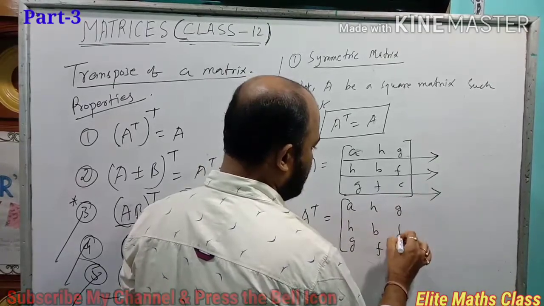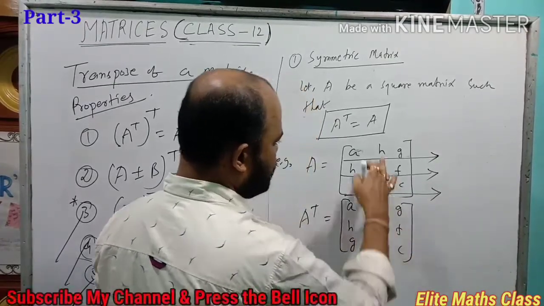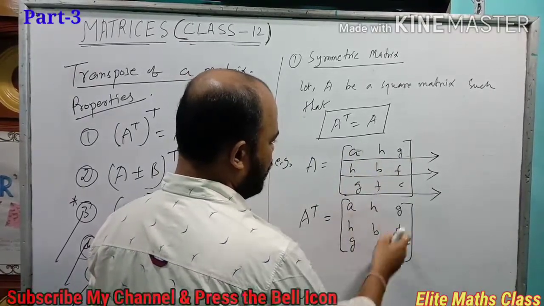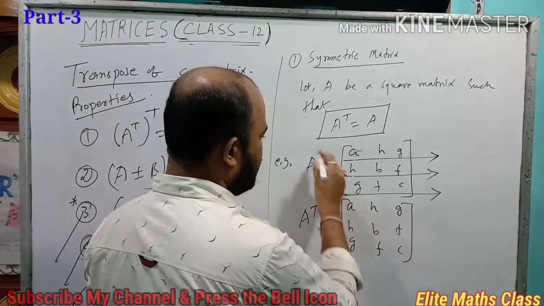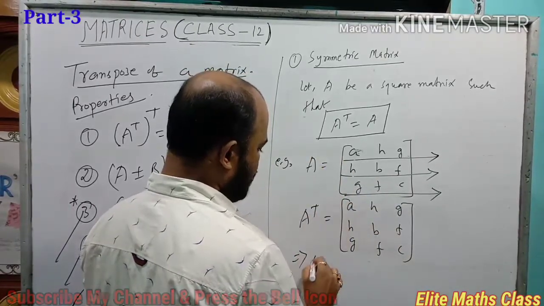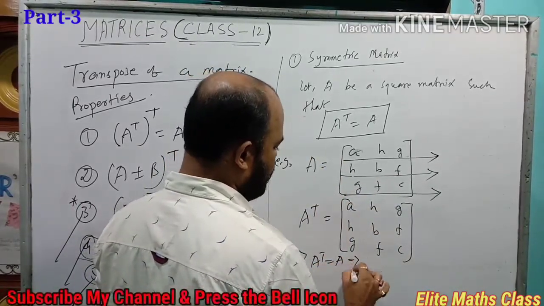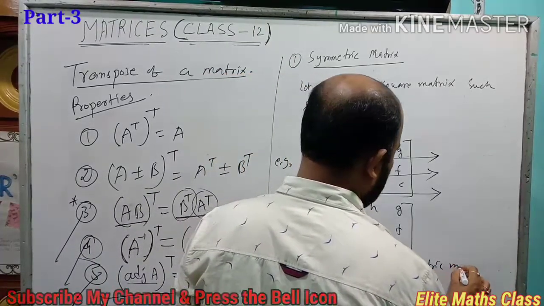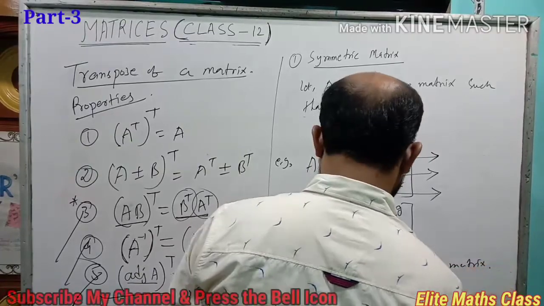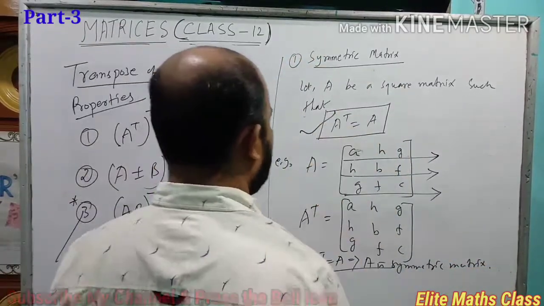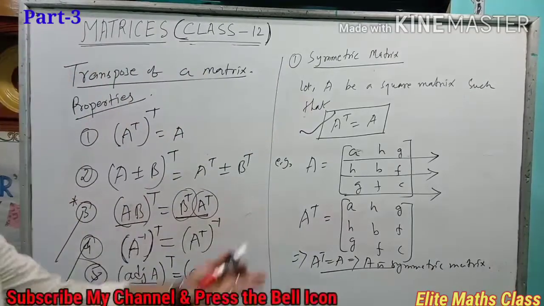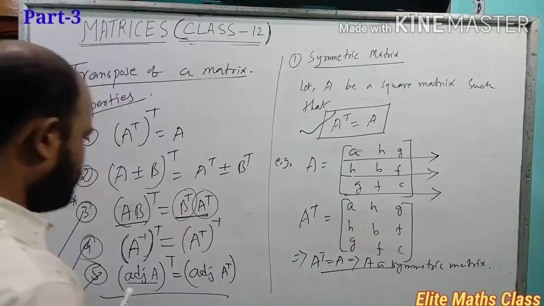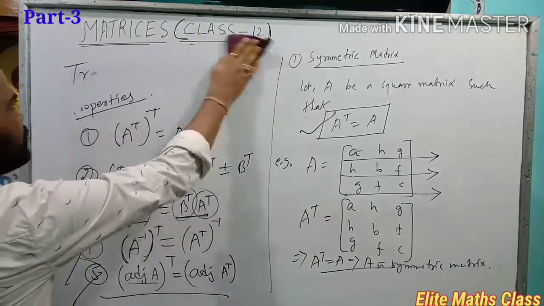Third row, write in the third column. Now see these two matrices: a, h, g; h, b, f; g, f, c. These two matrices are the same. A transpose equal to A implies A is a symmetric matrix. So this is the condition: A transpose equals A. If the transpose of a matrix is equal to the given matrix, then the matrix is called a symmetric matrix.